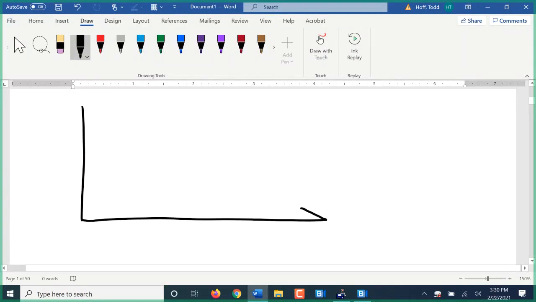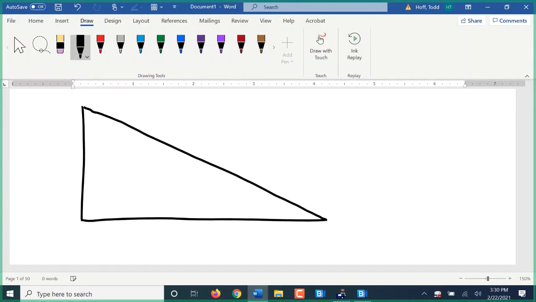Let's talk a little more about our right triangles here. If I tell you that this angle over here is, oh, let's call it 37 degrees.